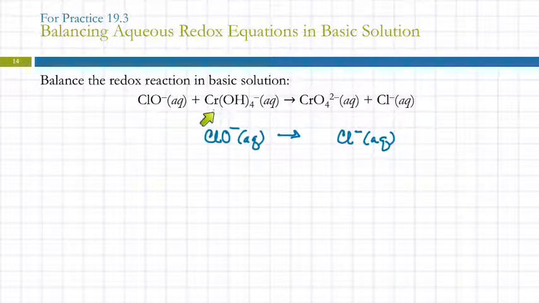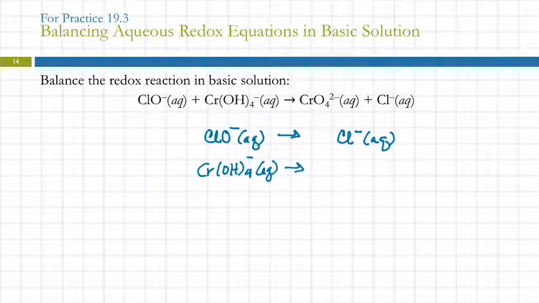And then my other reactant is this ion as a complex ion that we haven't learned how to deal with. That's a 1B thing, but we don't need the name of it. And that's going to turn into the chromate ion.